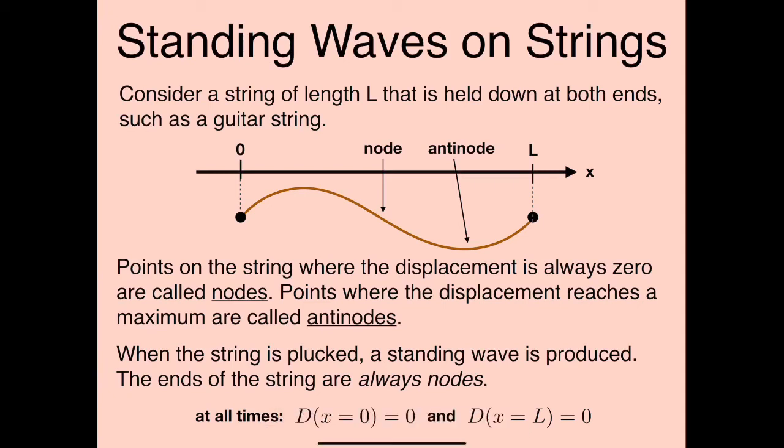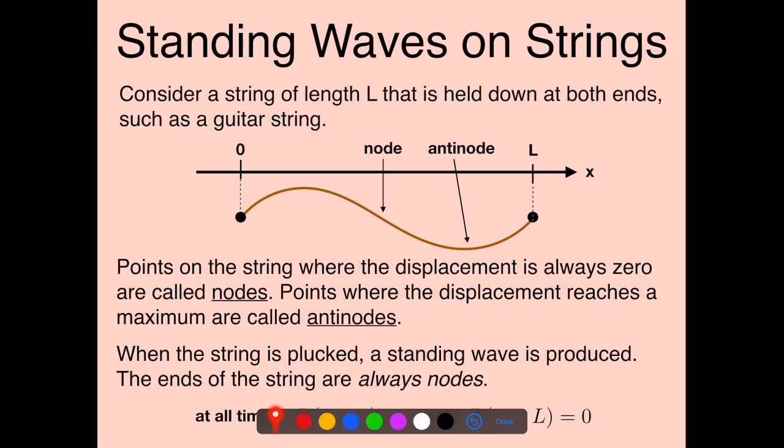So if we take a string like this and we pluck it to make a standing wave, we know automatically that the ends of the string are going to be nodes. In other words, at x equals 0, the string is held down, so there's no displacement. It just stays in that one place. And at x equals L, there's no displacement. So again, it has to stay in that one place.